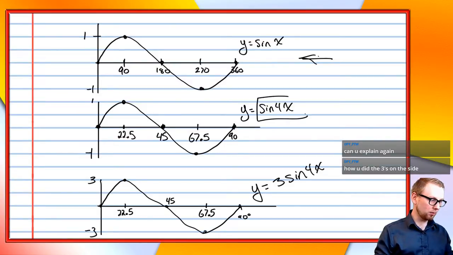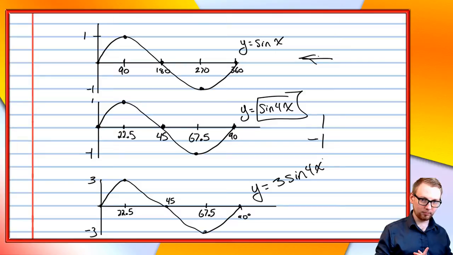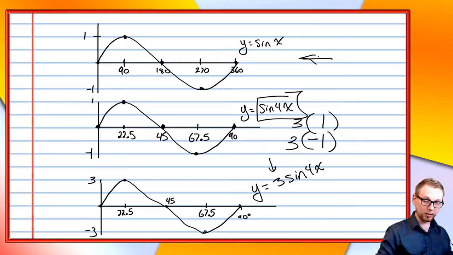So this right here is a number between 1 and -1. If we multiply that number by 3, because the 3 is in front, 3 times 1 is 3, and 3 times minus 1 is minus 3. You see how that worked?